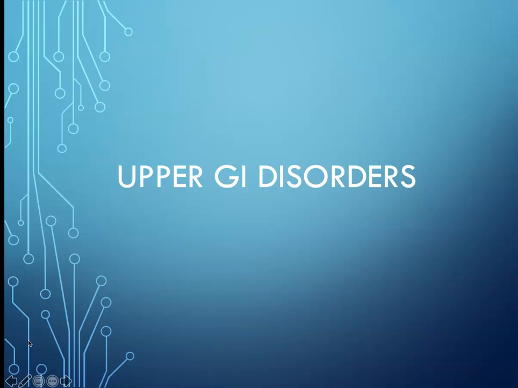The main function of the intestinal system is basically digestion, absorption, and elimination of waste products. The small intestine is responsible for the absorption of nutrients, and the large intestine is responsible for absorption of water.